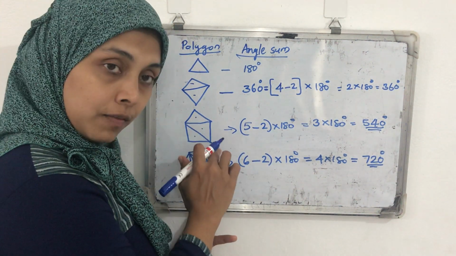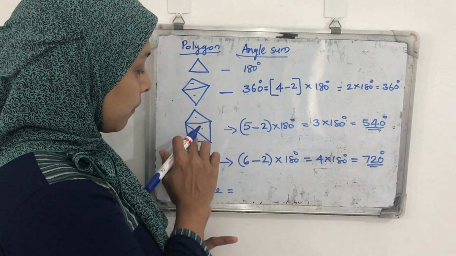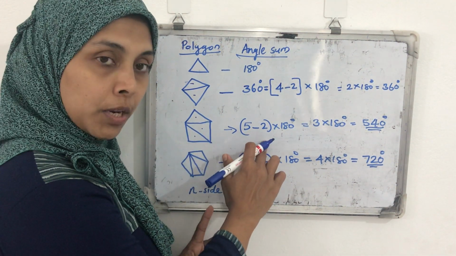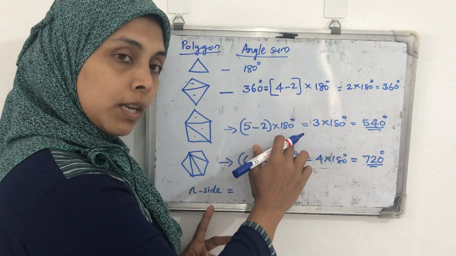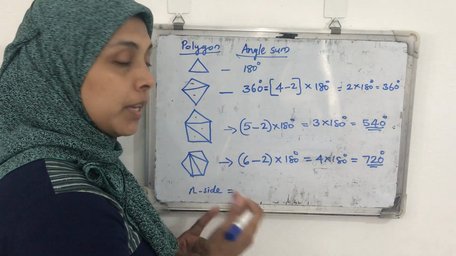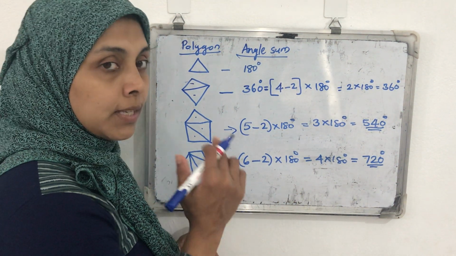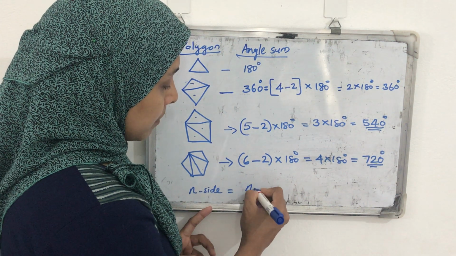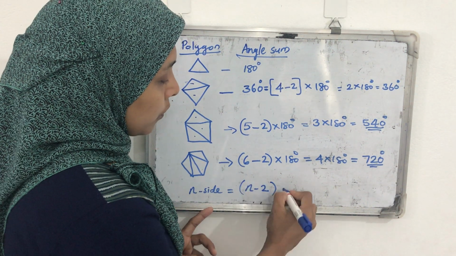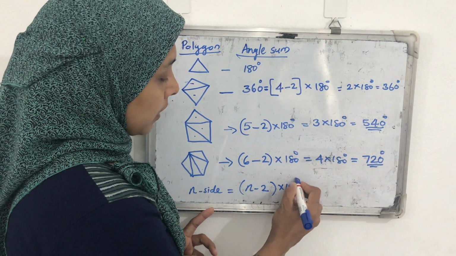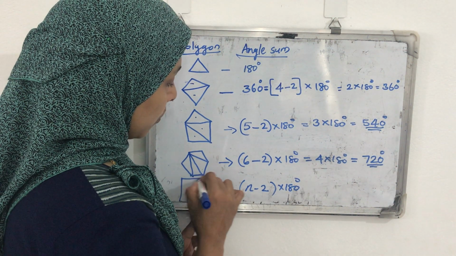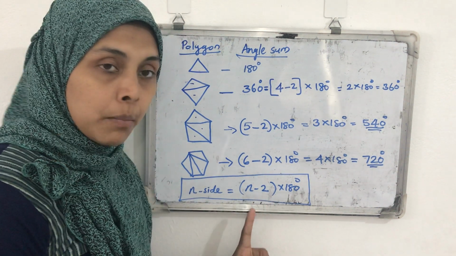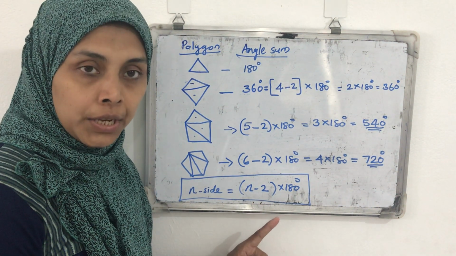If it is 5 sides, from 5 we subtract 2: (5 minus 2) into 180 degrees. Just like that, if it is an n-sided polygon, its angle sum will be (n minus 2) into 180 degrees.